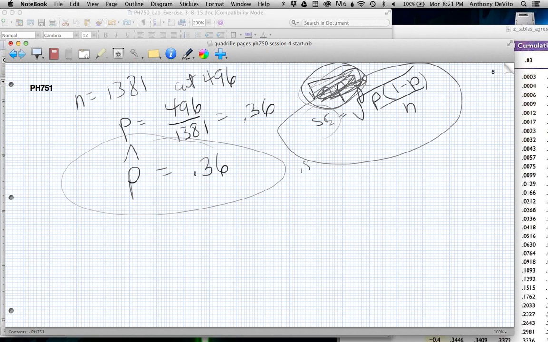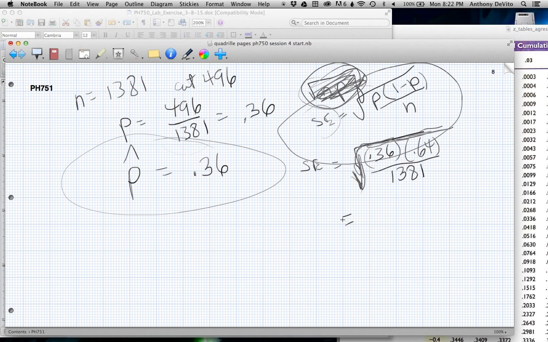Okay, so our standard error is going to be equal to the square root of 0.36 times 0.64 over the sample size. What was the sample size? Right, it was 1381. Just like working with a numerical variable, the bigger the sample size, the smaller the standard error is going to be.